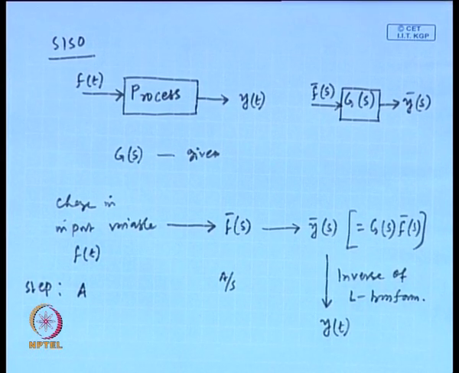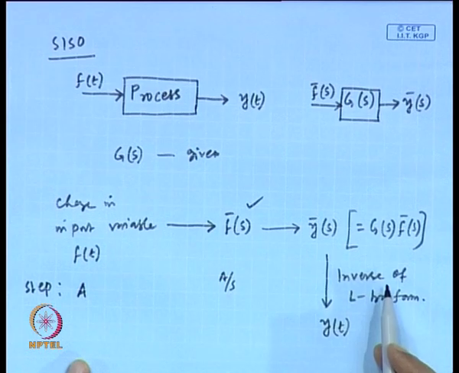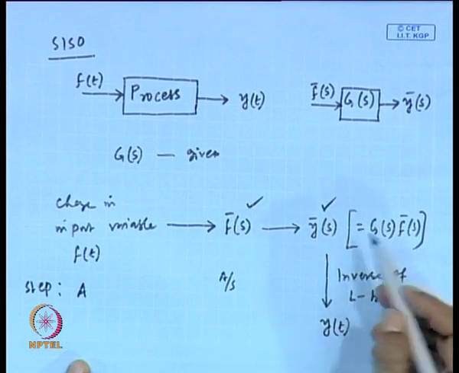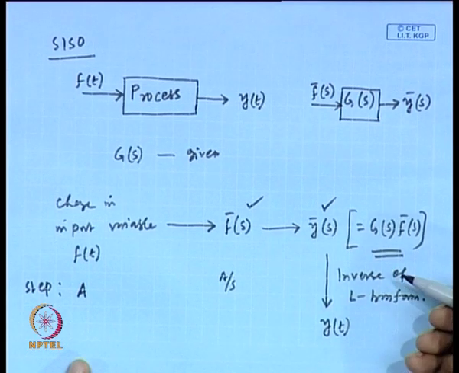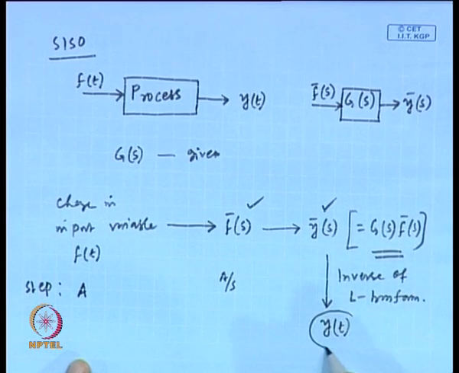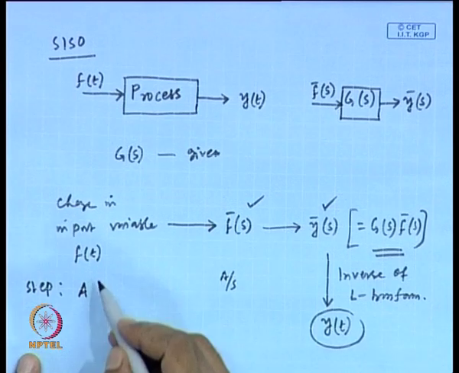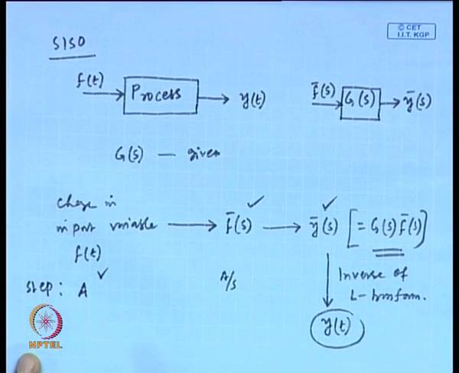Fine. So, we have a particular process, we are introducing some change in input variable in terms of f t. Now, we can change that input in S domain represented by f bar S. In the next step, we can calculate y bar S, because y bar S is equal to G S f bar S. Fine. Then by taking inverse of Laplace transform, we can know y t. So, if we give a change in input variable f t, we can know the transient behavior of that process in terms of y t. So, that is the use of transfer function.